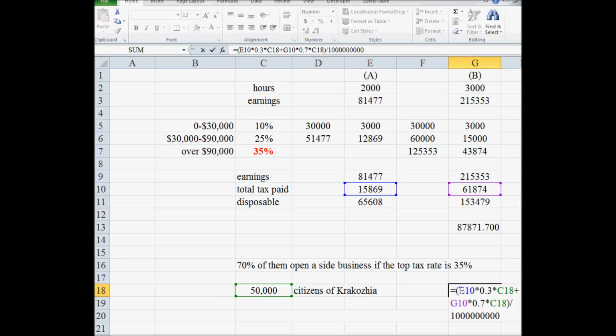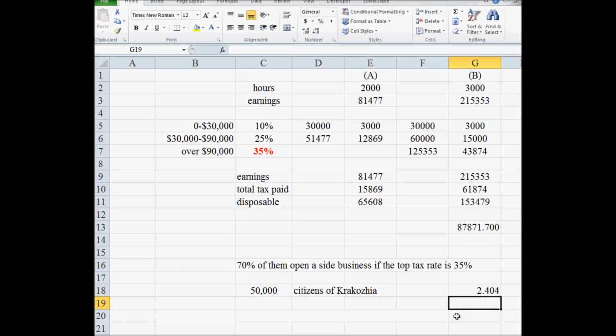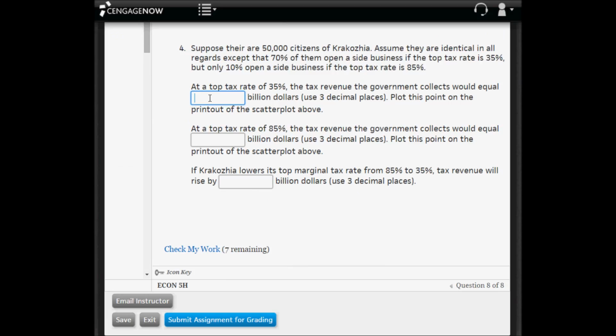So again, this part right here is calculating the amount of taxes the 30% of Krakosian citizens pay, and this is calculating the amount of taxes the entrepreneurs pay into income taxes. Then I divide the whole thing by 1 billion. So I'm going to copy that into Cengage now.